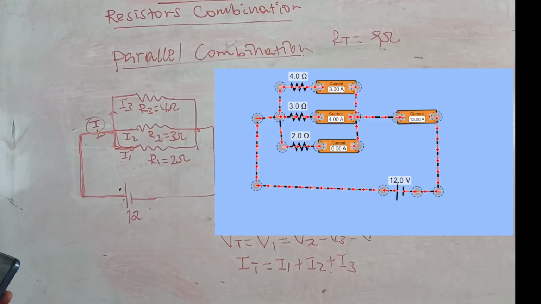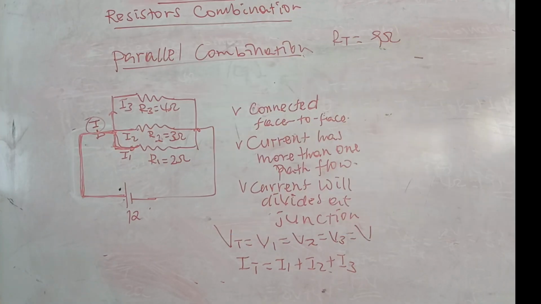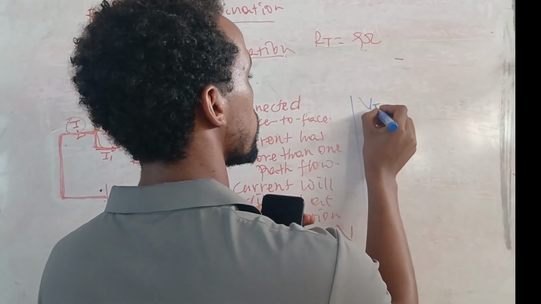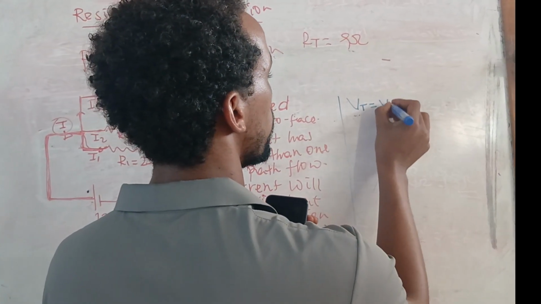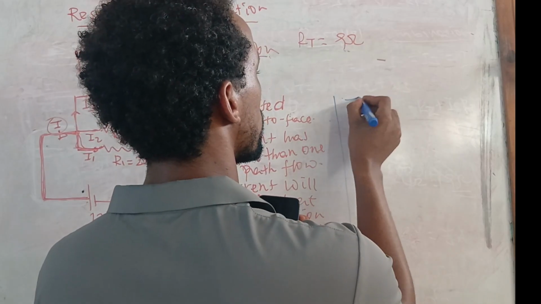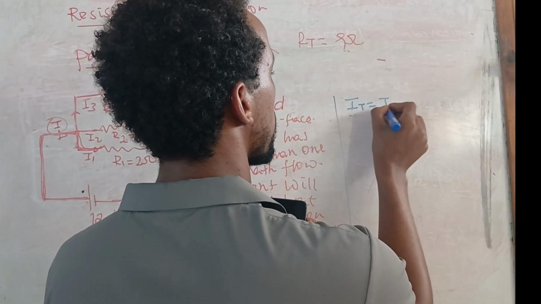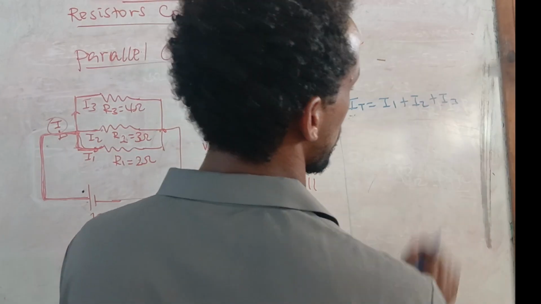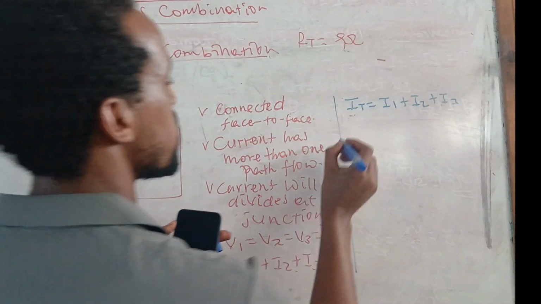Now let's find the resistor. We know that the total voltage V total is equal to V1 plus so on, and the total current I total is equal to I1 plus I2 plus I3. So what is I total?